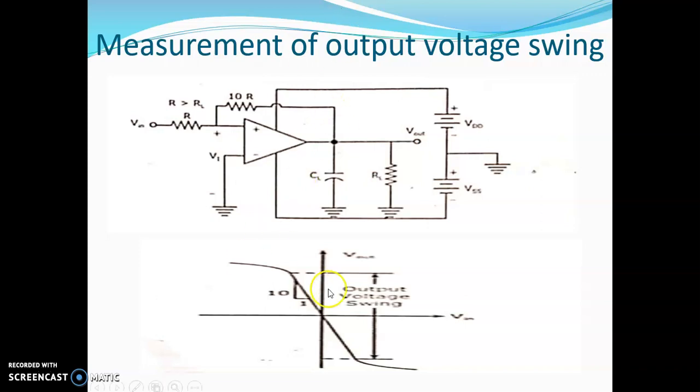Here I have just cropped it and taken it in the horizontal, but if you look at this, you can see there is a very linear curve. Here you can see the linearity and the increase in the output swing voltage by using this circuit.